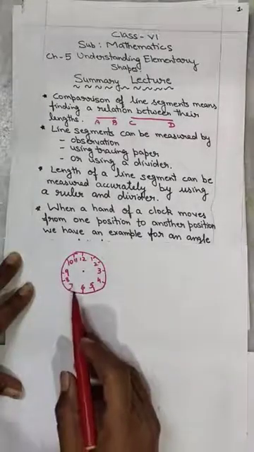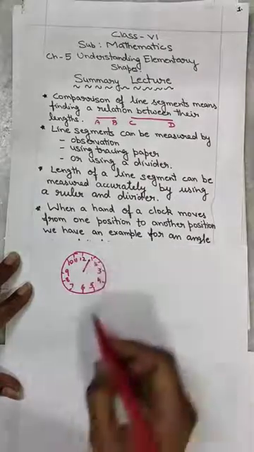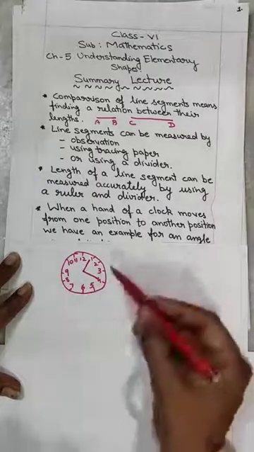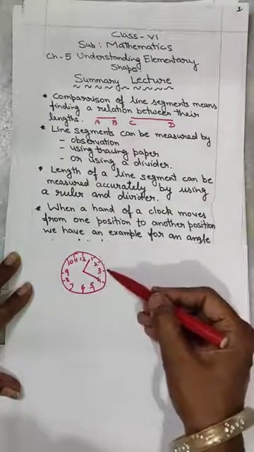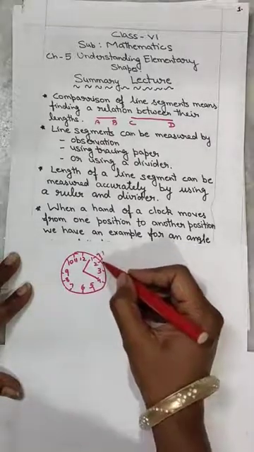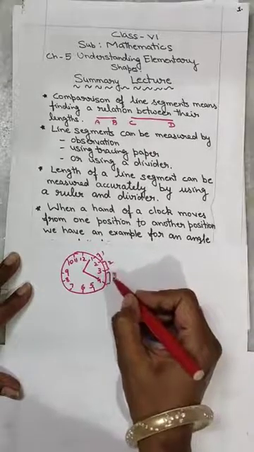See, this is your clock. Suppose our hand moves from 1 to 4. If the gap is of 3 numbers, from 1 to 2, 1 number, from 2 to 3, 2 numbers, from 3 to 4, 3 numbers.